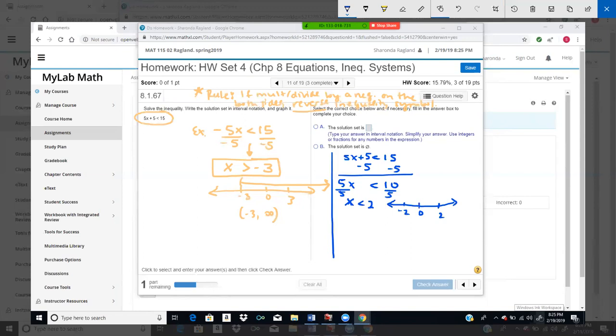That means open at 2 and then going to the left. So what is your interval notation for that? The smallest would be -infinity and the largest is 2, and that's open. So that's your solution in interval notation: -infinity, comma 2. Everything's open.